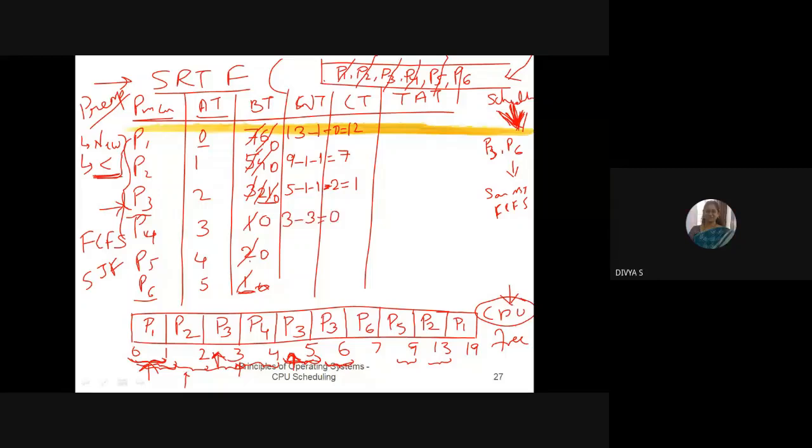So I told you, there should be one process with waiting time 0. What does it mean? This was the first process which was successfully completed first, isn't it? Yes, ma'am.